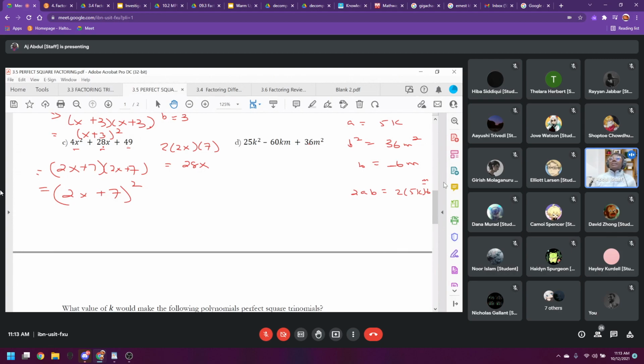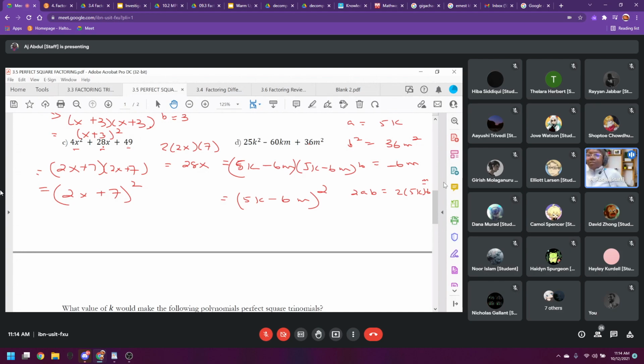And I say, yes, this is a perfect square trinomial. So that means I can factor it without doing all of the decomposition. I can just factor it like 5k minus 6m and then 5k minus 6m, which is 5k minus 6m squared.